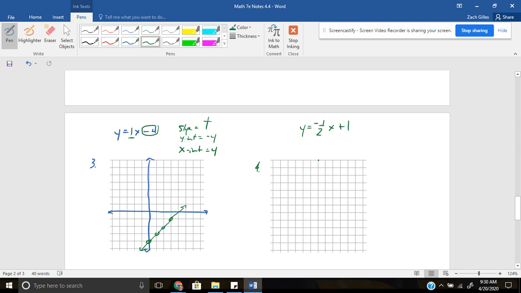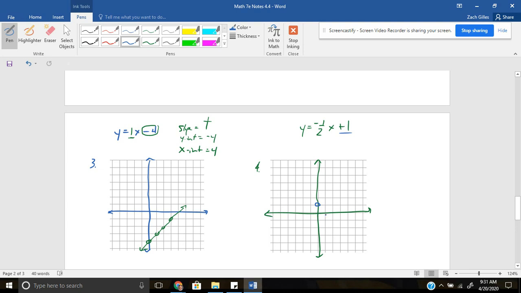All right, let's graph this next one. Here's my y-axis and my x-axis. Start off at my y-intercept, which is 1, and my slope is negative 1/2.